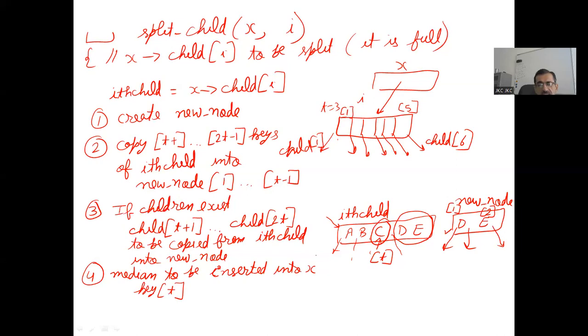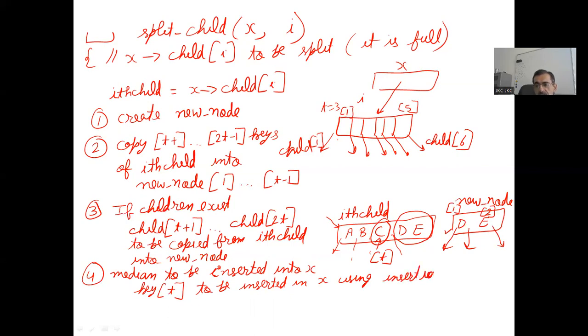This is the median. This key T is to be inserted, using insertion sort of course, so that proper space is made available in X.